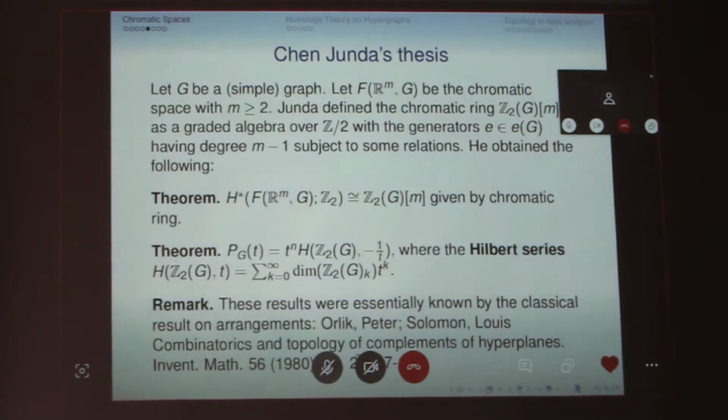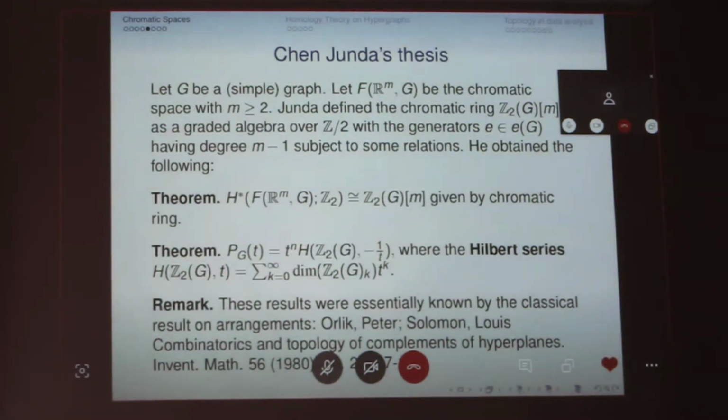But anyway, this is for the special cases. So then they come to the question, right? Because now we are trying to work on the more generalized configuration space, which we call the geometric space, right?